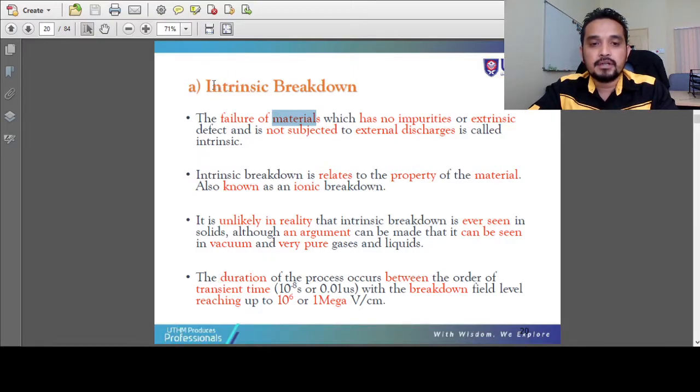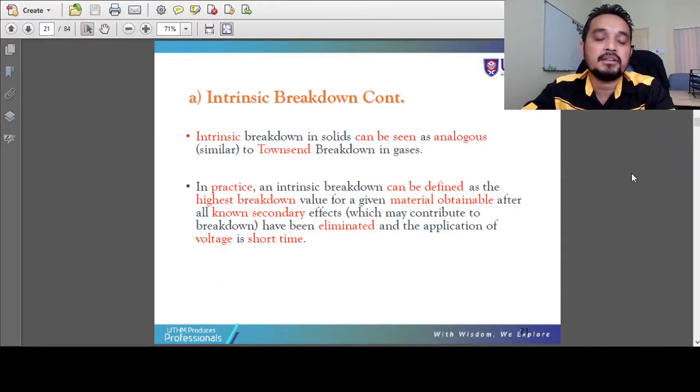The process for the intrinsic breakdown happens on a microsecond timescale, due to the field reaching breakdown up to the mega-volt per centimeter value. This is the field stress. This will trigger intrinsic breakdown, and the best explanation for it is what we classify as Townsend breakdown.